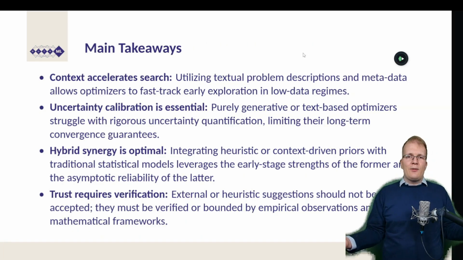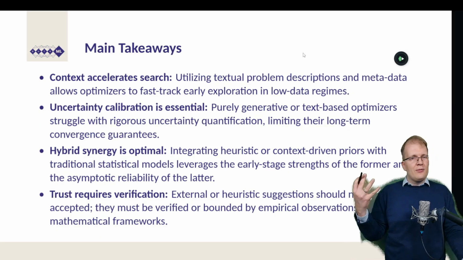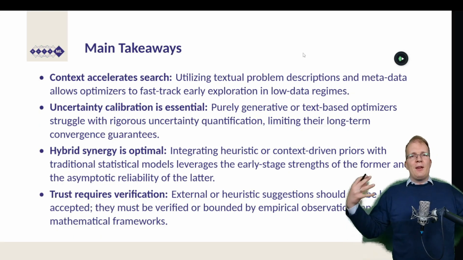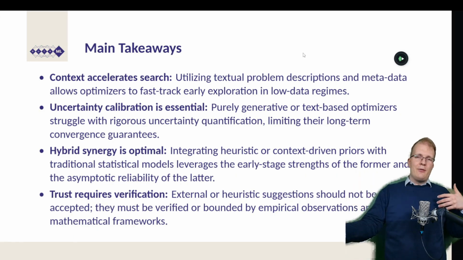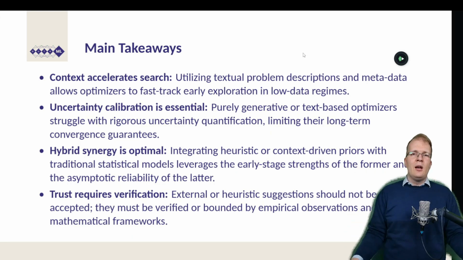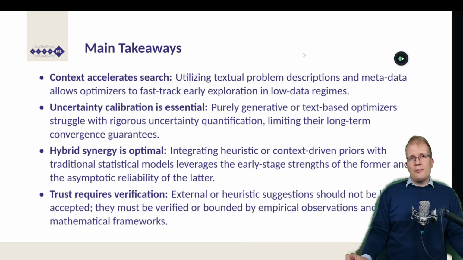The main takeaways from these two approaches are that we of course use, as we often do with large language models, context. We have a contextual representation of the search space, of metadata, and so on, that helps us to go with very good configurations early on. We also have the uncertainty calibration, which is essential.